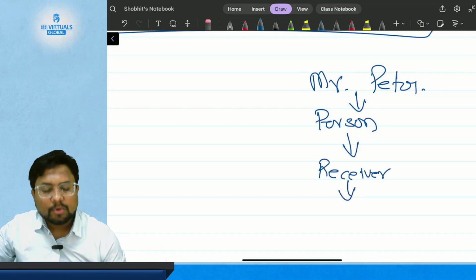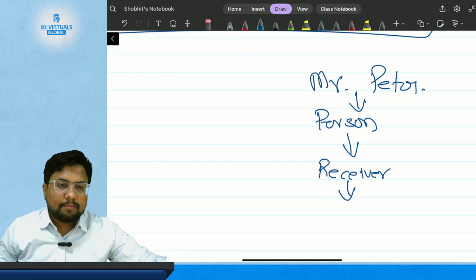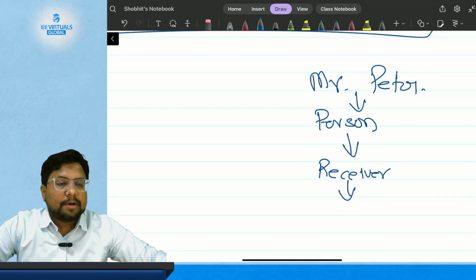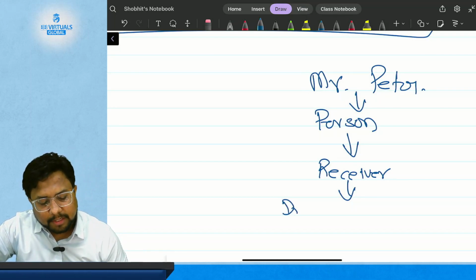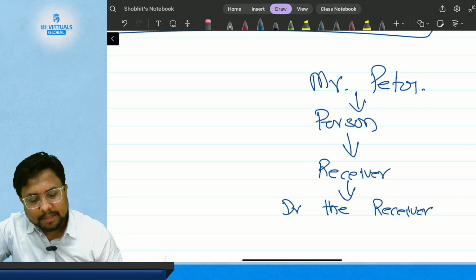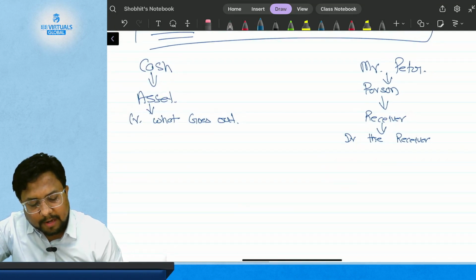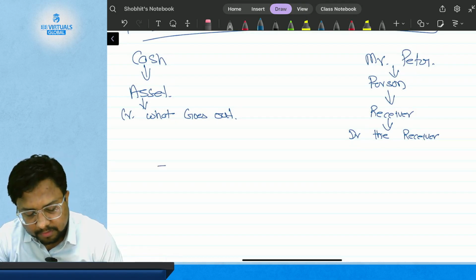And when it comes to rules regarding the receiver, the personal account deals with it, and the rule is debit the receiver, credit the giver. So while applying the rules, my journal entry is supposed to be like this, that is Mr.